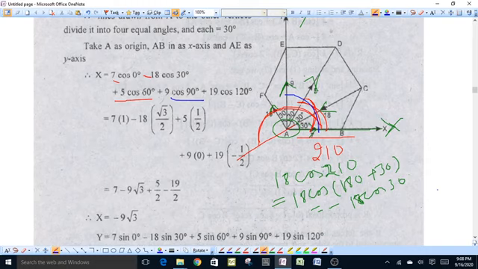Force acting along AF which is equal to 19 kilogram weight makes an angle 120 with positive direction of x axis. This means x component of this force is equal to 19 cos 120.